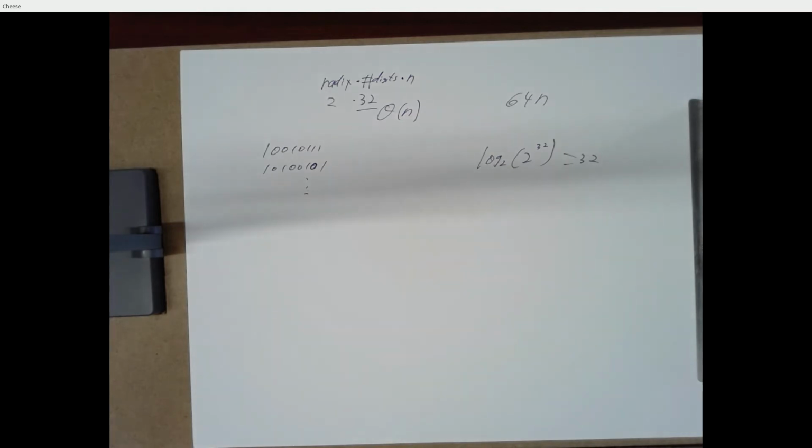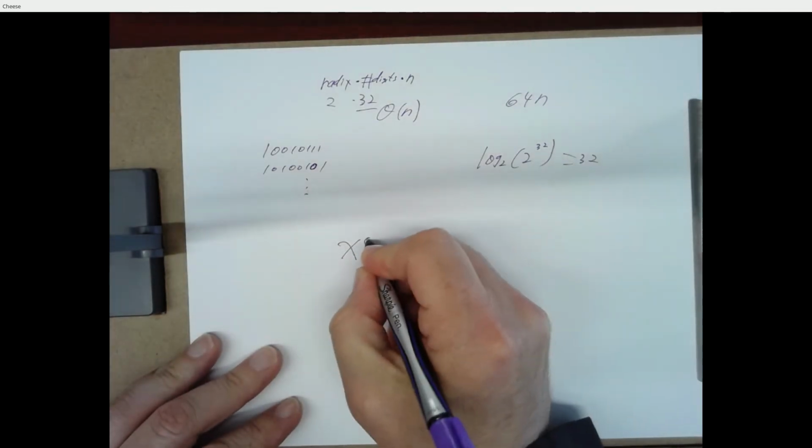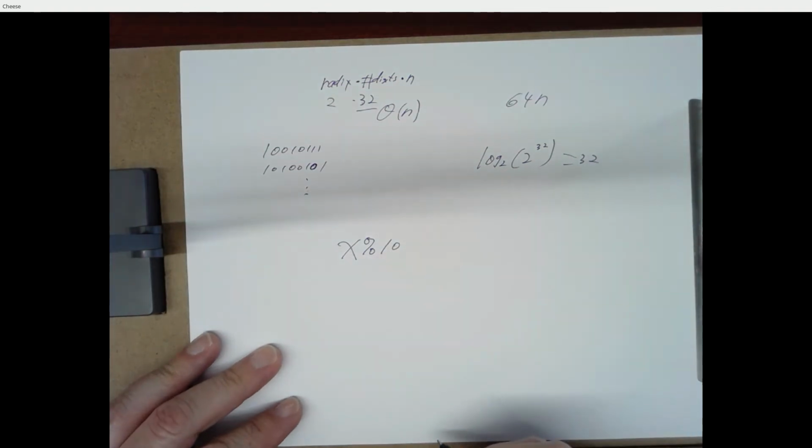So, it might sound like a noob question, but how would you look at the ones digit of a number in C? Depends how you're storing them. If these are actually integers, you're going to have a lot of work to do, because you're going to be calculating modulo 10. So x % 10 gives you the ones digit.